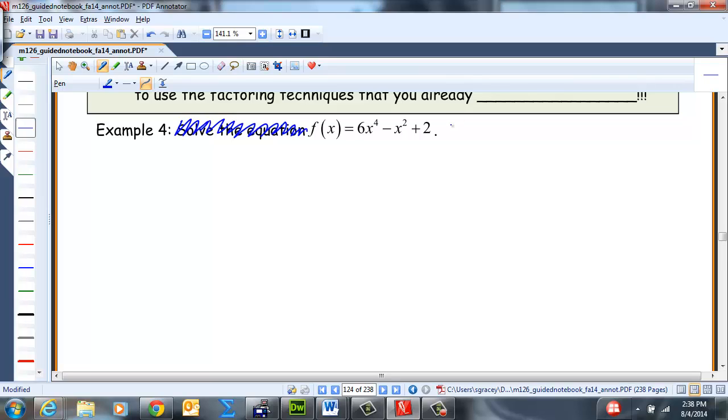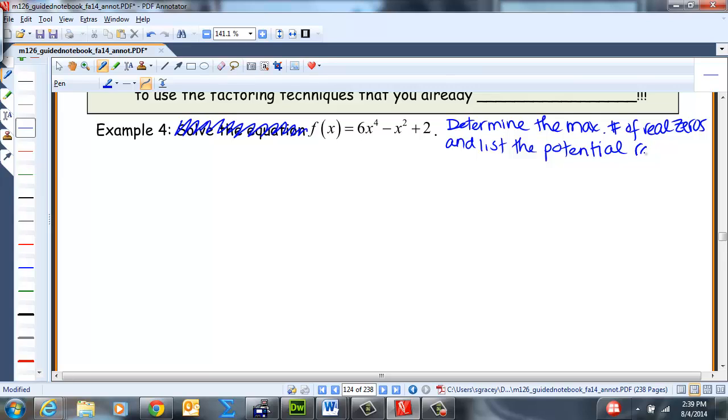So we're going to determine the maximum number of real zeros and list the potential rational zeros of f of x.